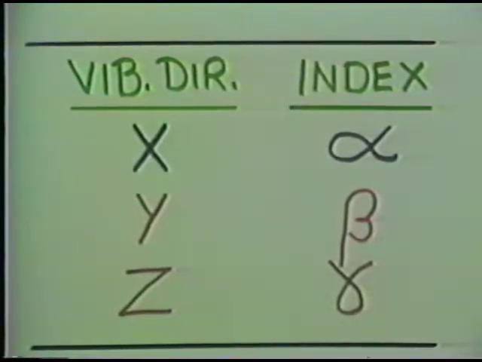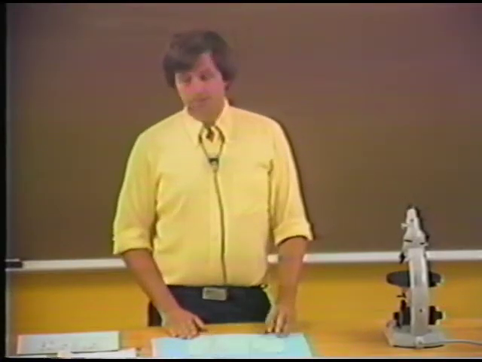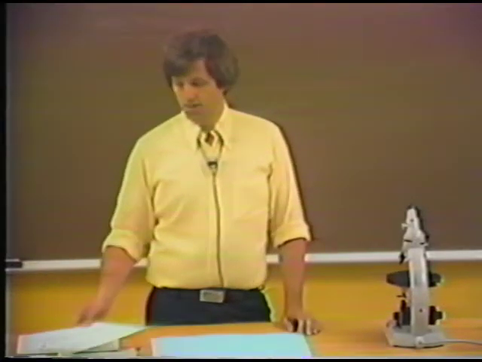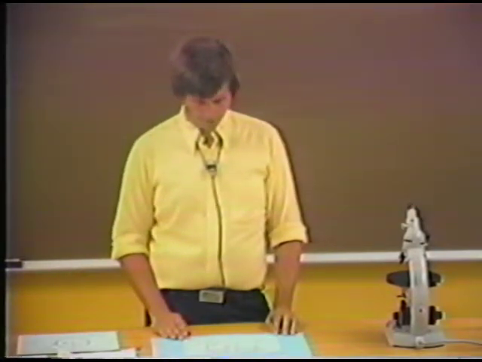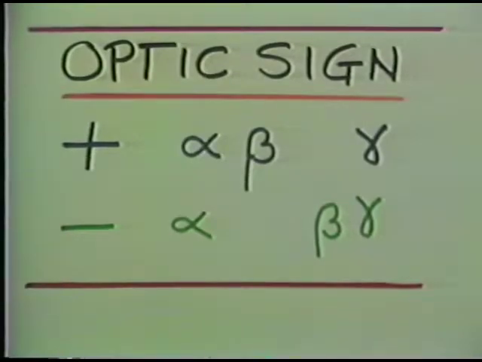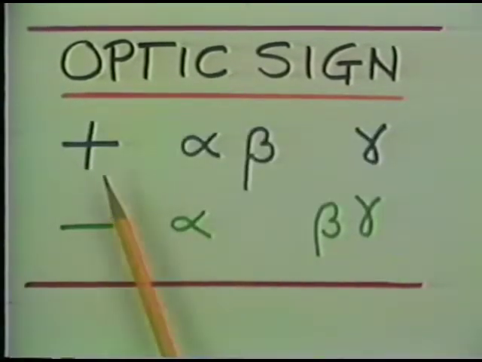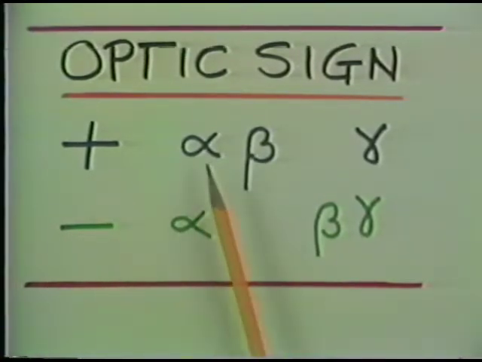Okay, there is an optic sign convention, similar to the optic sign convention that we have for uniaxial minerals. The optic sign is defined in this way. Minerals are said to be positive if the difference between alpha and beta is small compared to the difference between beta and gamma.